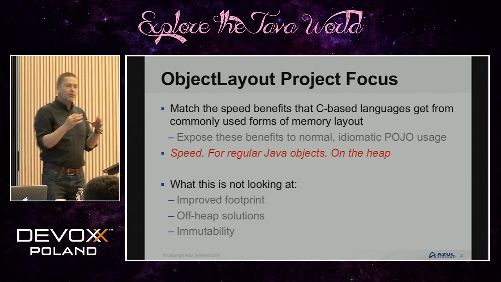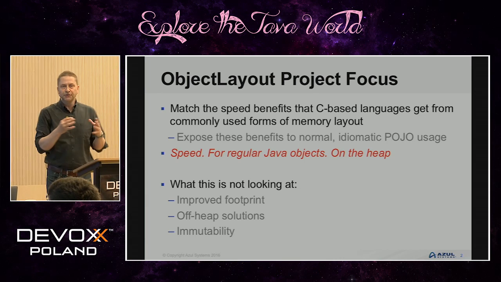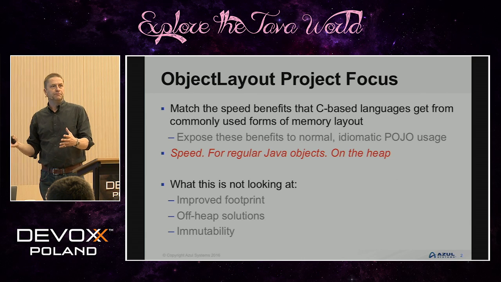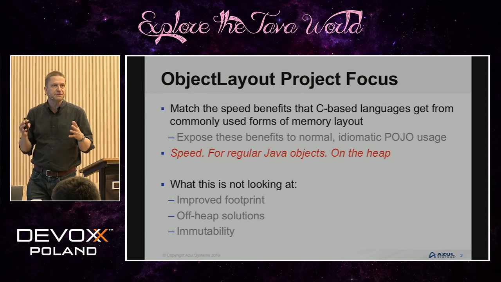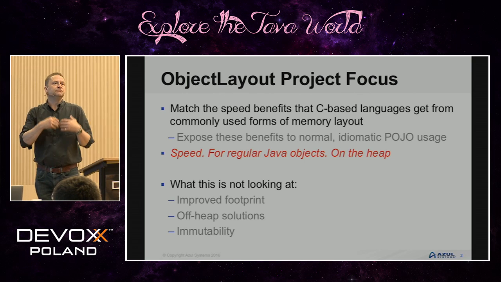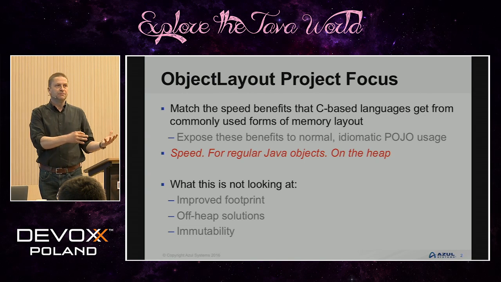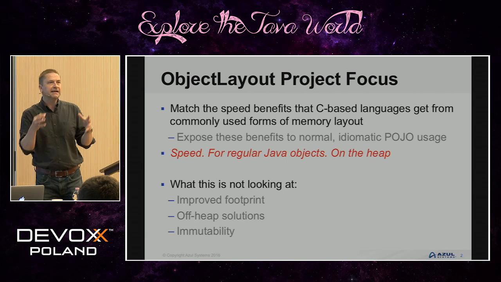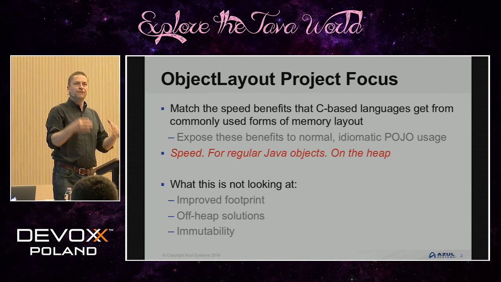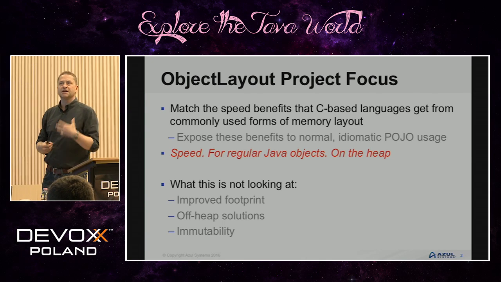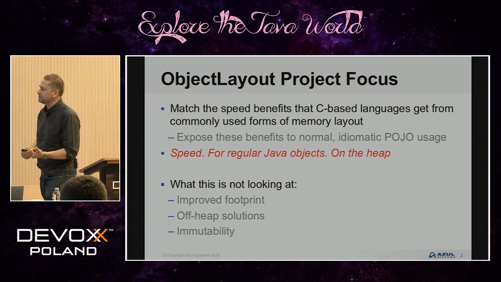Now, in terms of what we're not looking at, we are not looking at how to improve things from a footprint point of view. So we're not trying to reduce the amount of space that's used to store objects. We are not looking at doing things outside of the heap. So we want to continue to use the memory management system exactly as it works today, from the point of view of creating objects, from the point of view of having a garbage collector that automatically reclaims space.